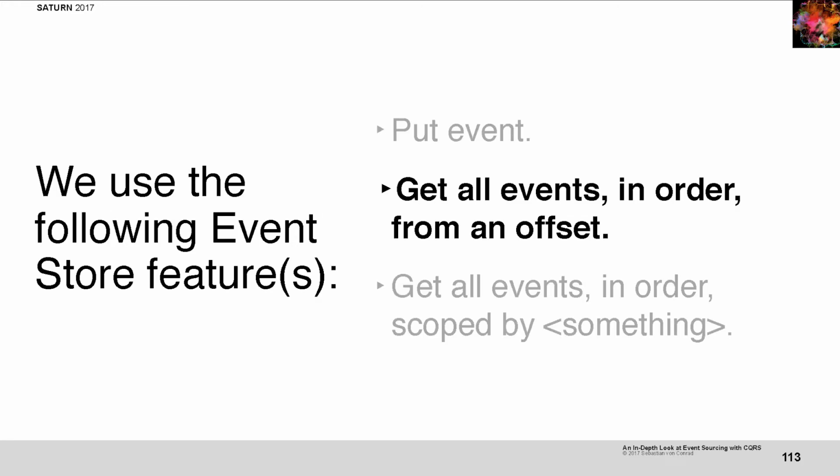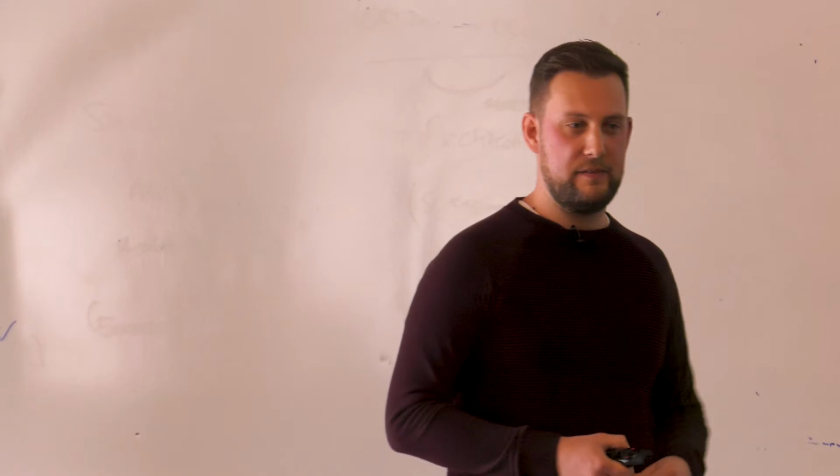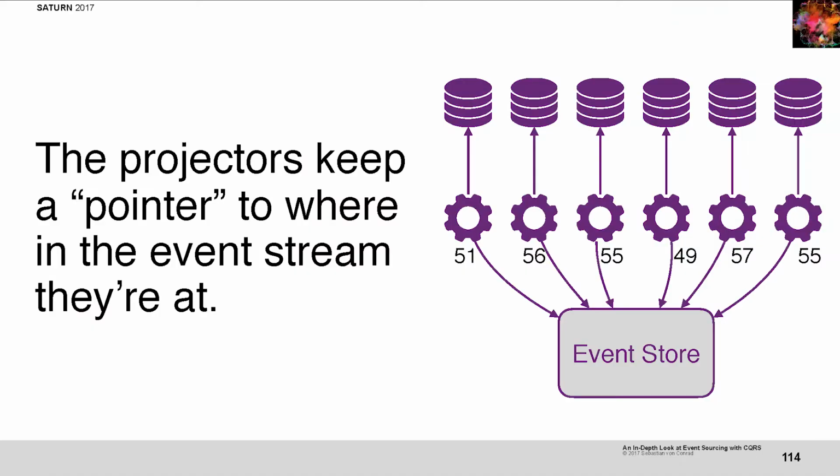I want to point out that this is not using the observer pattern at all, which is often a common idea. Because what we're actually doing is we are getting all of the events in order from an offset. This is the event store feature that we're using in the projectors. Each of the projectors keeps a pointer or a bookmark or an idea of where in the event stream they're at.